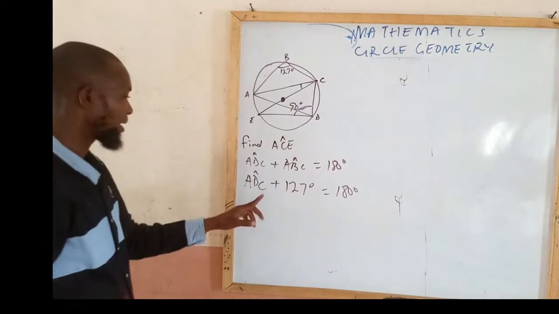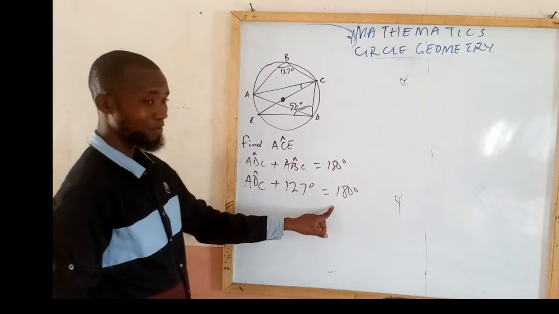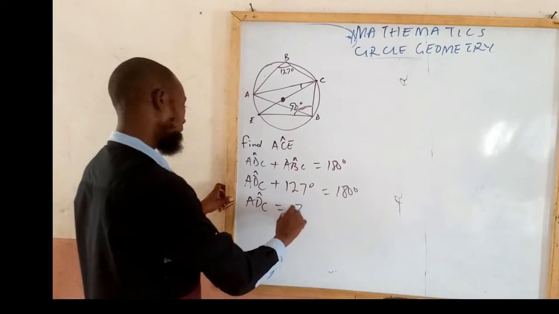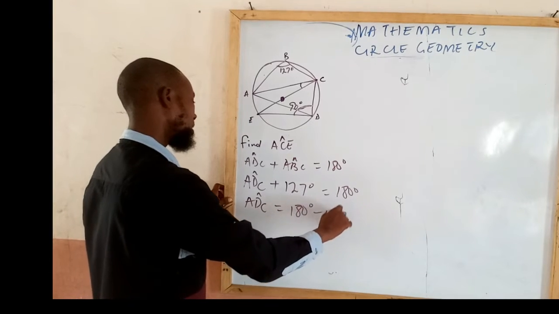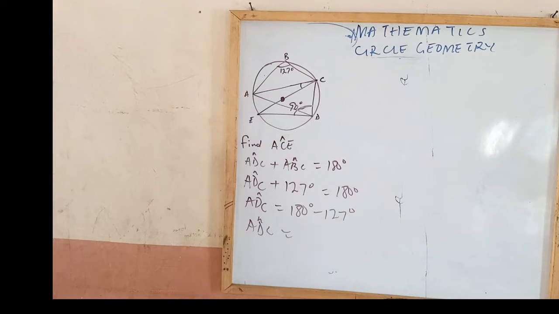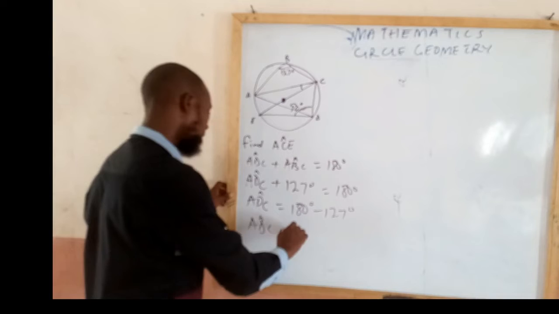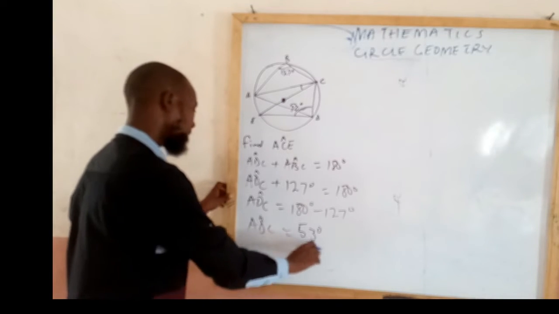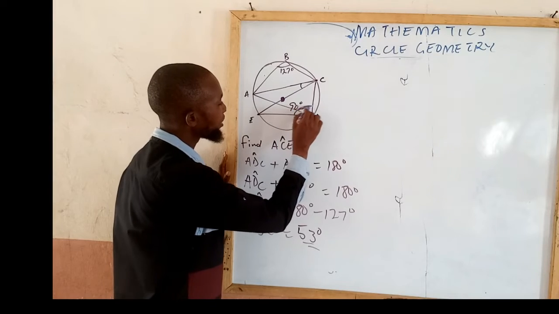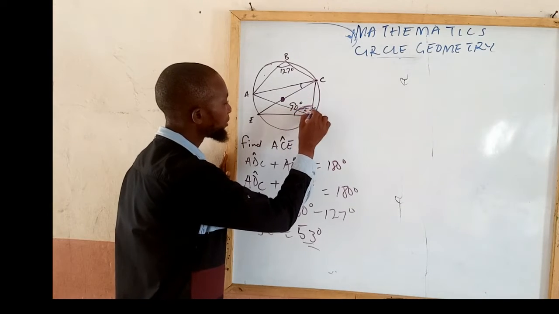To get ADC, I will have to collect the like terms. So ADC is 180 degrees minus 127 degrees, and ADC in this situation gives the value of 53 degrees. So we can see that our ADC here is 53 degrees.